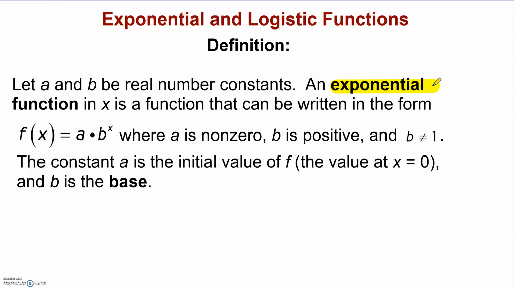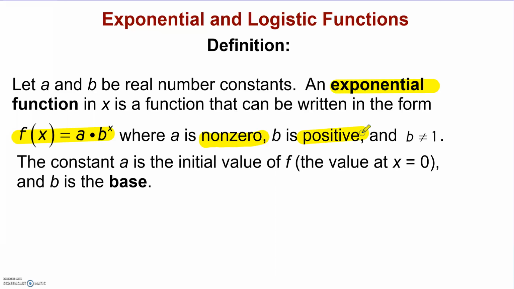An exponential function in x is a function that can be written in this form: f of x equals a times b to the x power. In that form, a must be non-zero, because if a were 0, then you would just have f of x equals 0, which is not exponential.